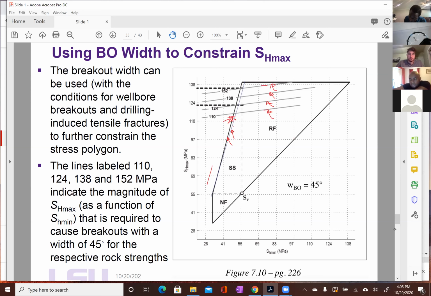You first come up with the polygon, then you constrain it further with data coming from a leak-off test. And these are the different rock strengths that were used at this point, right? Remember, it's a function of C effective, which is the rock strength in the reservoir.